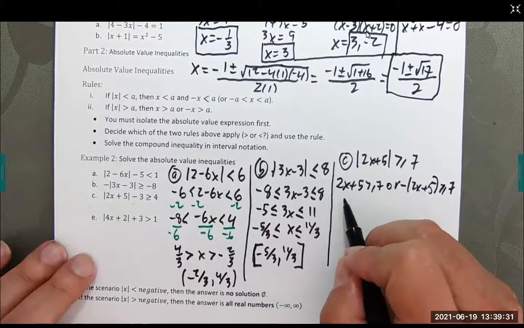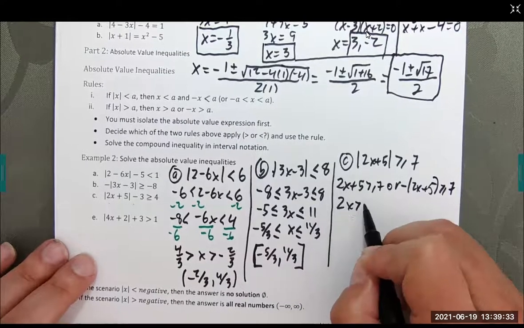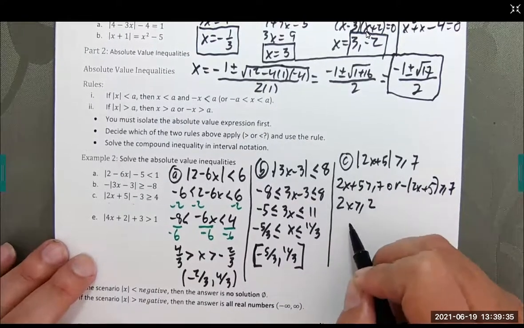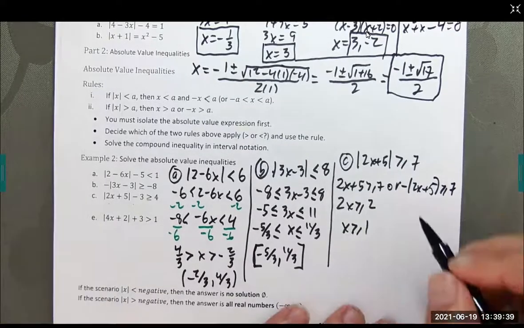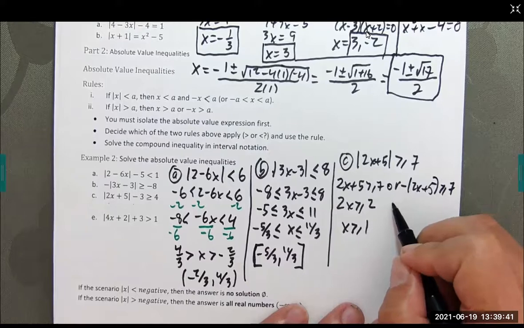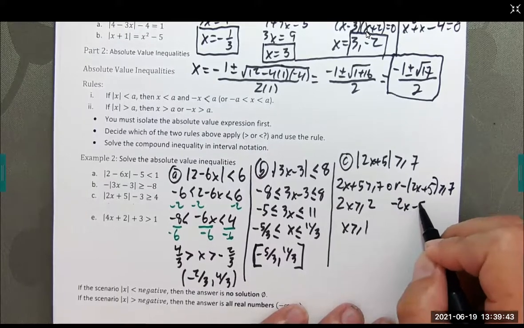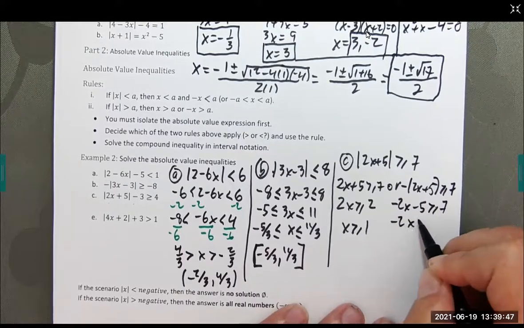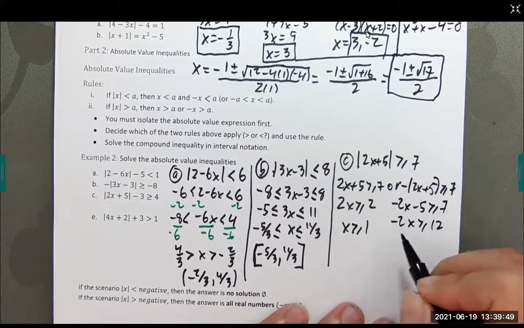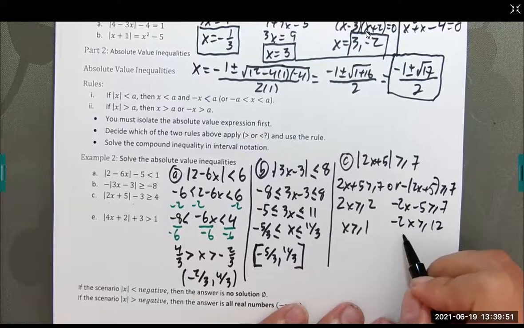I'm going to subtract the 5, divide by 2. This one I'm going to distribute the negative. I'm going to add the 5 now. And divide by the -2. And of course, that'll switch the direction of the inequality.